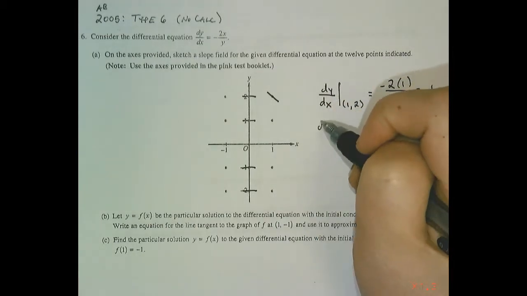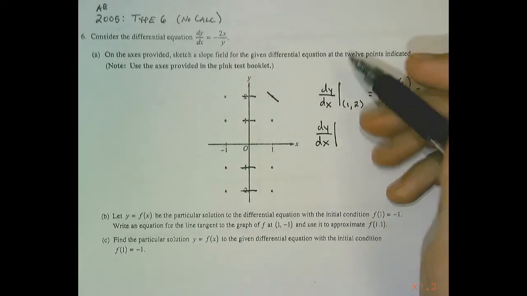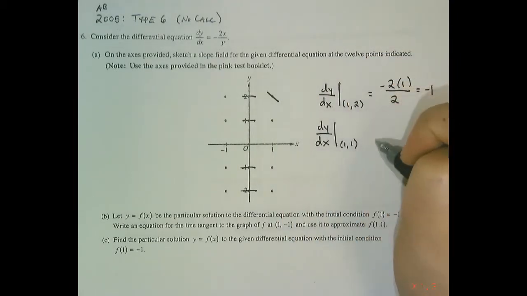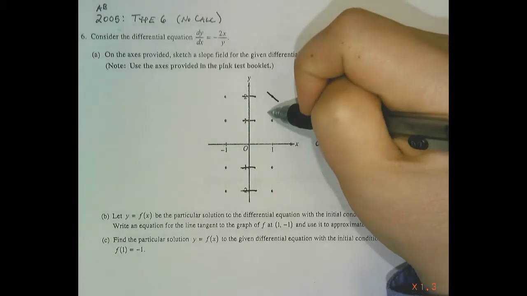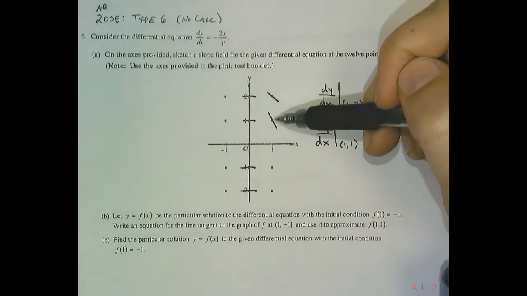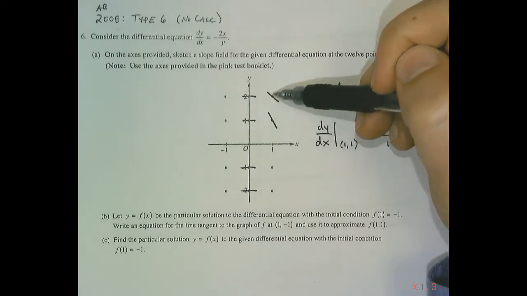We'll do one more slope, just the long way. Let's do it at (1, 1). Stick 1 in for x, stick 1 in for y, and we get a slope of -2. So at that point, I draw a slope of -2. Now you don't have to be super precise on whether it's a -2 or -3. What you want to focus on is the relative steepness.